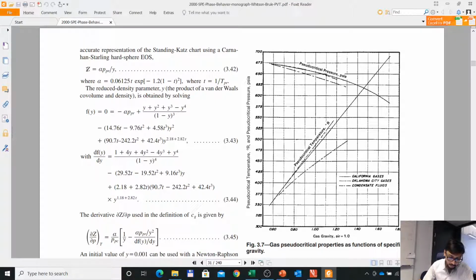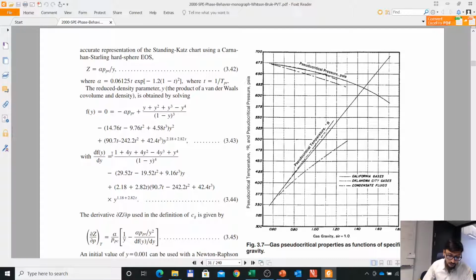You have a Z factor as a function of this reduced pressure, and then you have this dependency, and you have this T here in the alpha term, that's a function of the pseudo reduced temperature. And here it's given how you can solve it iteratively using the Newton-Raphson method. The derivative is given, and the y function is also given here.